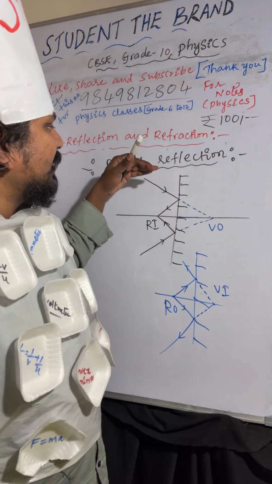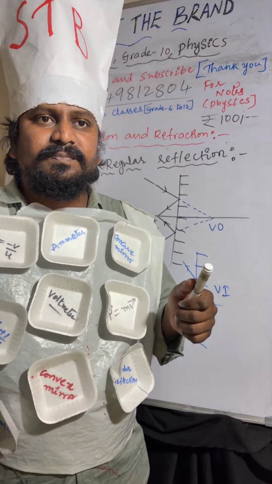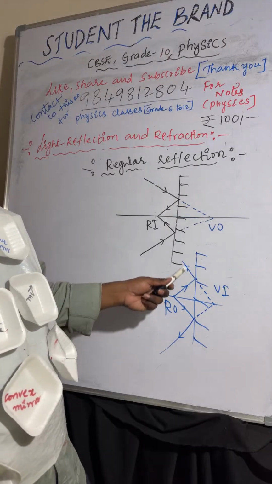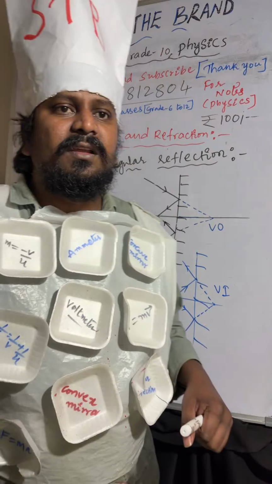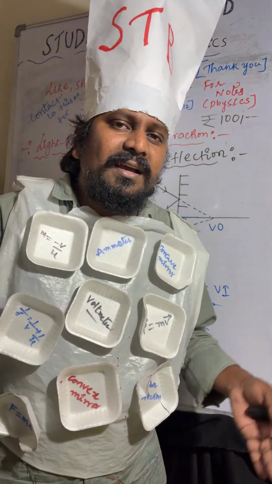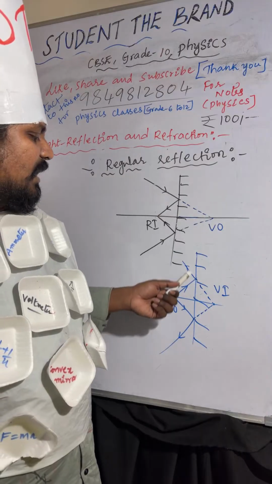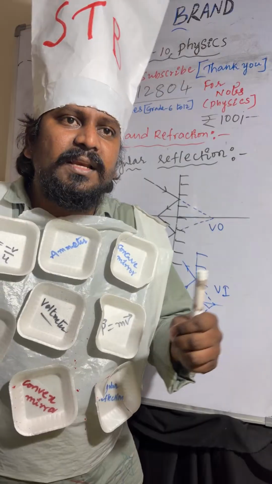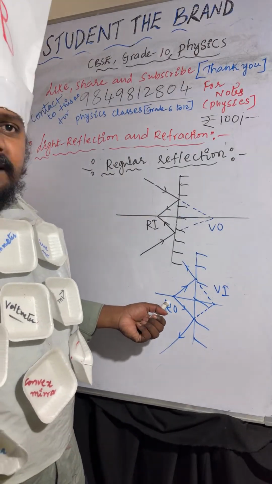The point of intersection of incident light rays is called a virtual object. And here, the point of intersection of extended reflected light rays is called a virtual image.